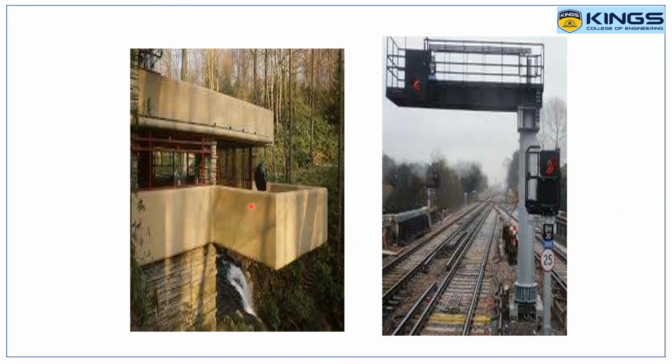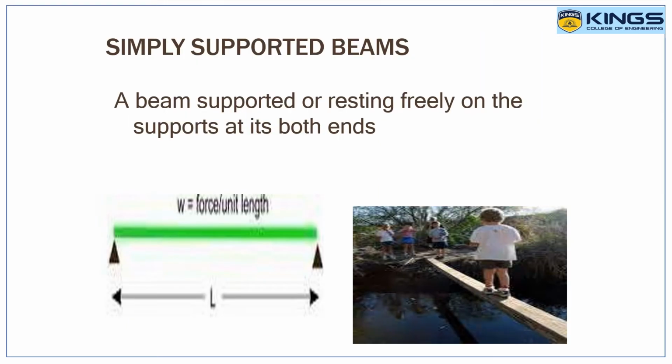Yes, this is a cantilever, and we can see in the image that this one is a fixed end and this is a free end. Like in this image, this is a fixed end and this will be a free end. So these are the practical examples of cantilever beams.